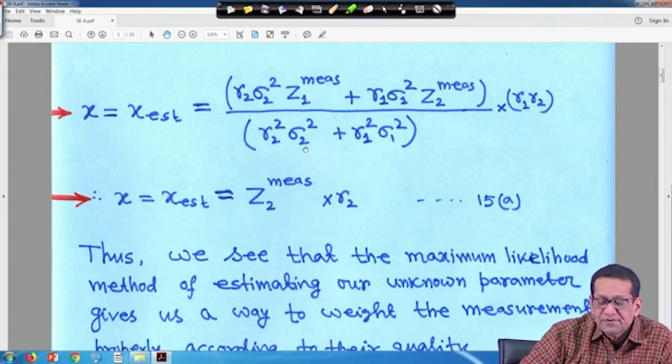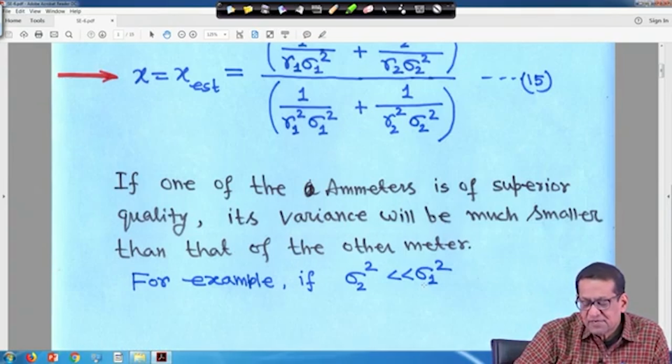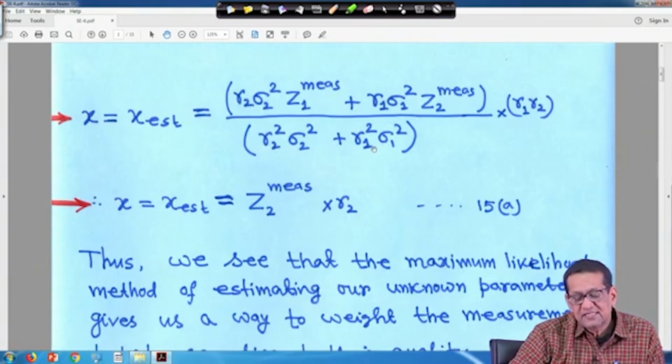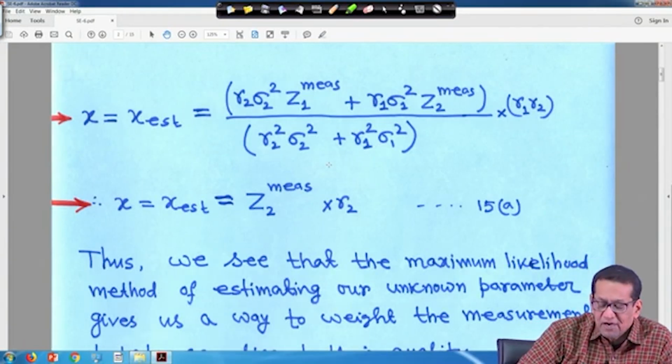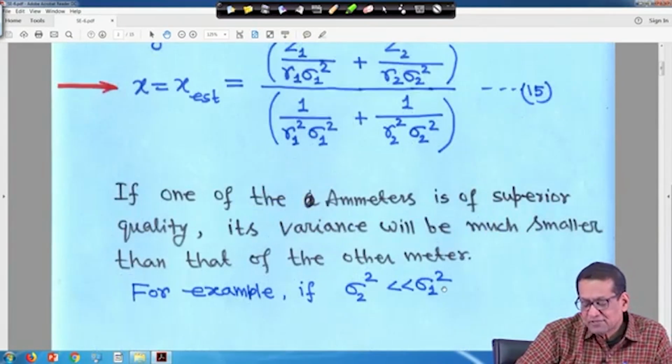Now, if you look into that, if sigma1 square is much greater than sigma2 square, in other words, sigma2 square is much lower than sigma1 square, then you can neglect sigma2 square, because it is very small compared to sigma1 square.